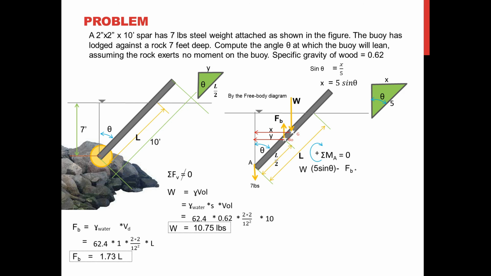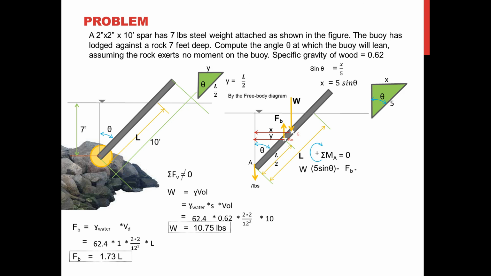This time, the hypotenuse is half of the dimension of L. Similar to that of G a while ago, for the submerged portion L, the center of buoyancy will be the mid-length of L. So therefore, that is L over 2, which happens to be the hypotenuse of your right triangle.